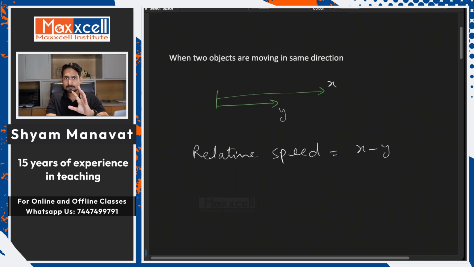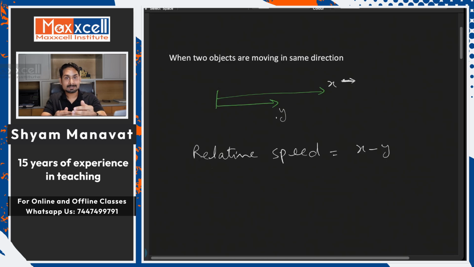Now, assume that you are here with the speed of y and the vehicle next to you is with the speed of x. If x is more than y, imagine the vehicle next to you has a speed more than your speed. Will you be able to overtake the vehicle next to you? No, you won't be, right?